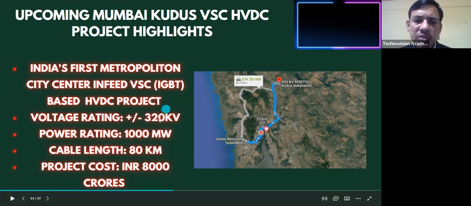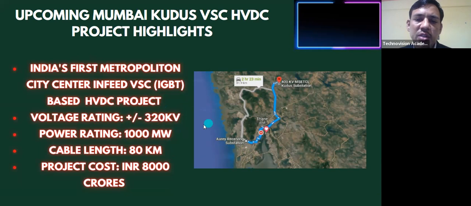So the advantage with this technology for Mumbai and especially for Maharashtra, if you see, is that it has black start capability. Suppose there is a failure on any side, whether it is from the Mumbai side or the Kudus side. If one end is charged, you can charge the other end.